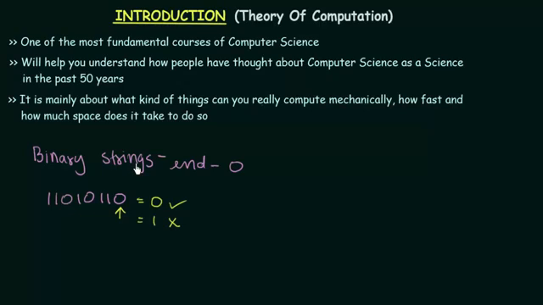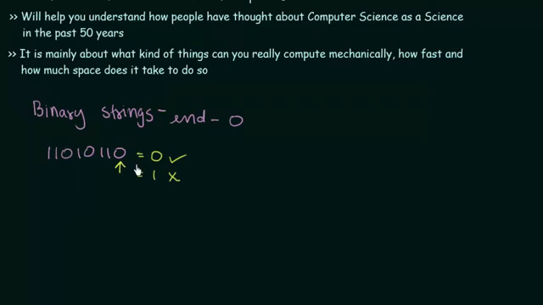Now let us take another example. In this example, I want to design a machine that accepts all valid Java code. What should my machine do?